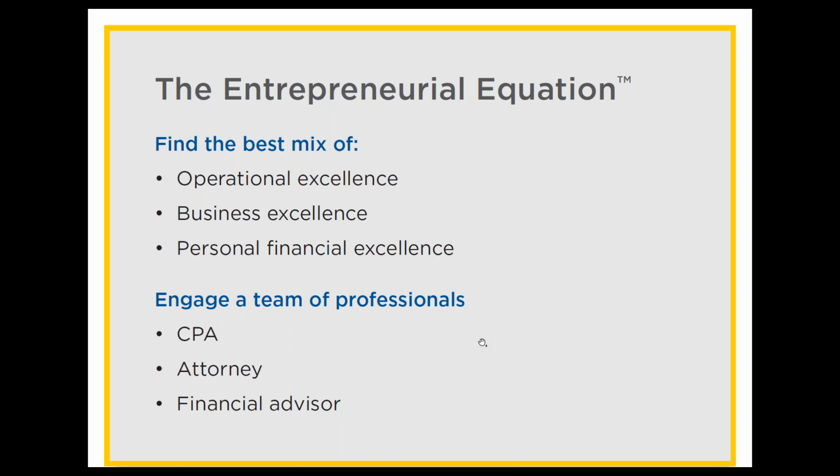So it's important to develop the equation that's unique to you. And it really requires engaging a team of professionals that can help you in a wide range of business needs. The team typically consists of an accountant that's going to help you with taxes or cash flow, a company like Payroll Partners to help you with payroll and expenditures, an attorney for your business structure, your succession planning, your estate planning, and a financial advisor to keep an eye on the business and your personal goals.